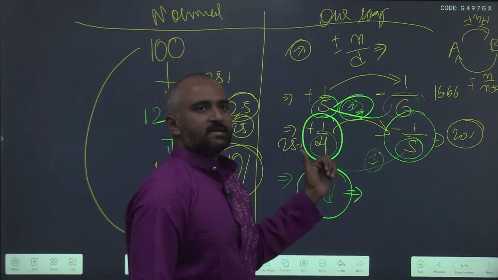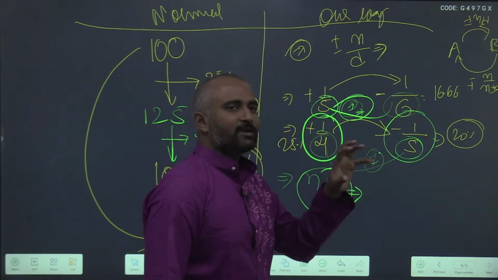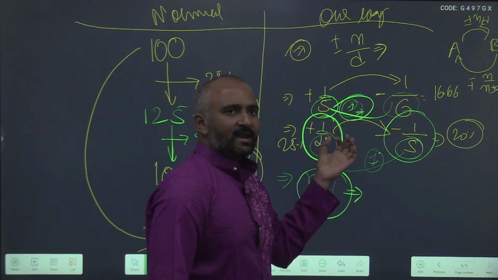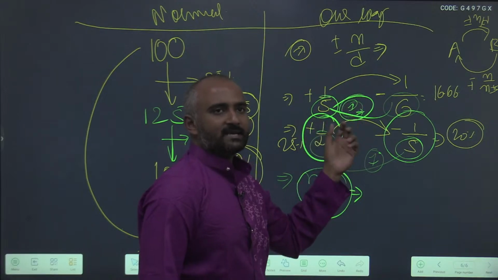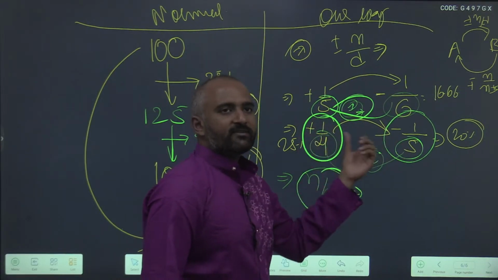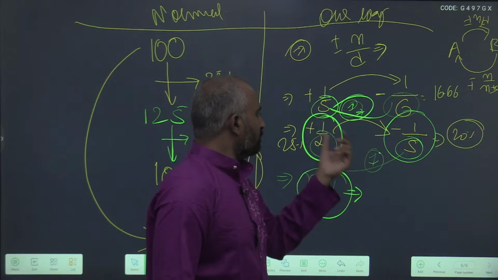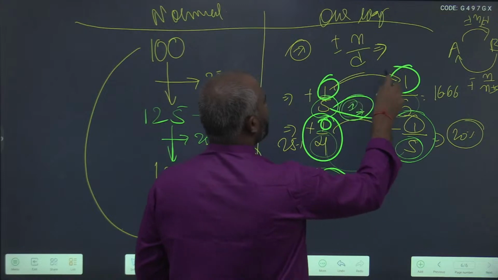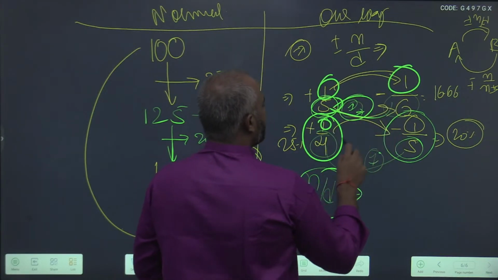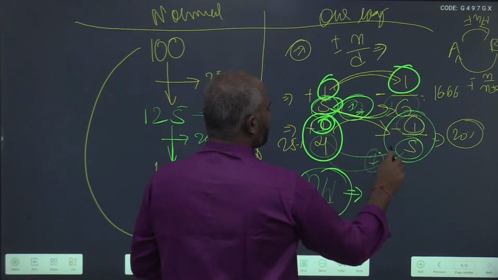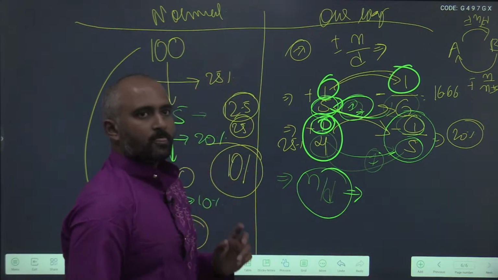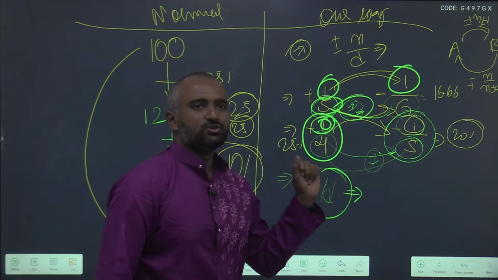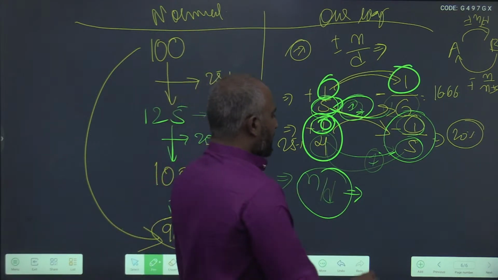A little observation: whenever you see the equivalent ratio of percentages where the numerator is 1 and the denominators are varying by 1, it should always remind you of the n by d rule.